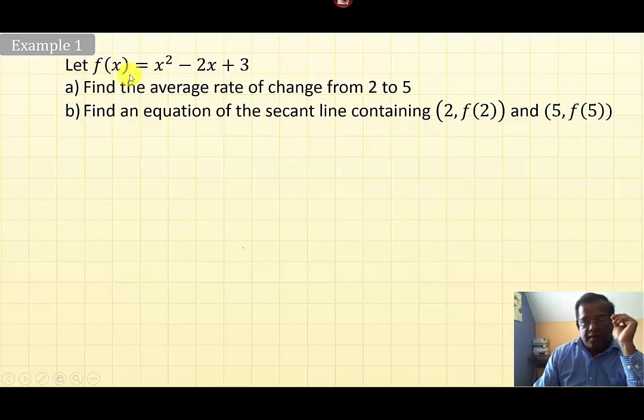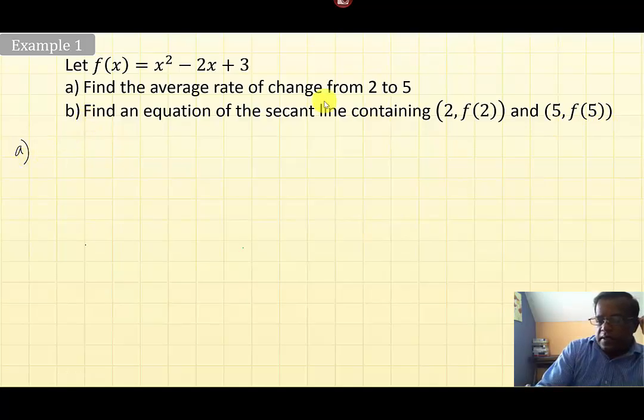Example 1. Let f(x) equal x squared minus 2x plus 3. Find the average rate of change from 2 to 5, and also find the equation of the secant line containing these 2 points, (2, f(2)) and (5, f(5)).